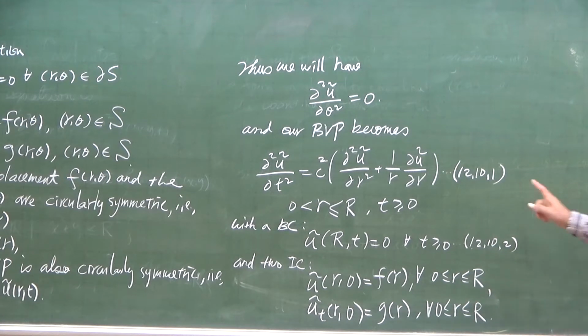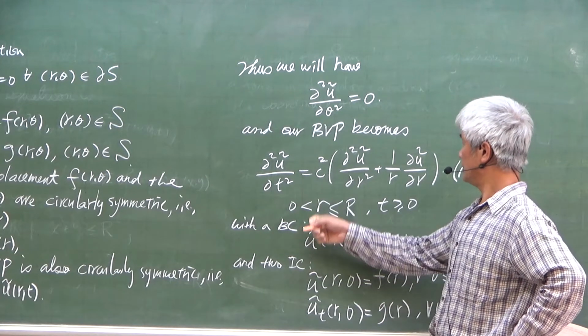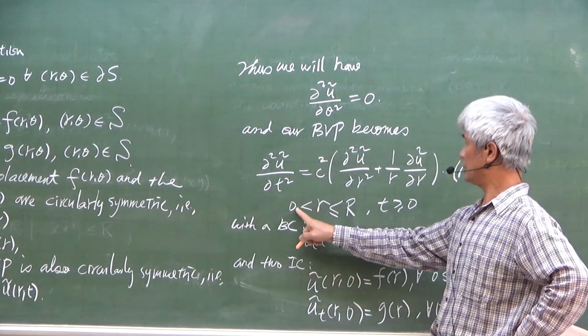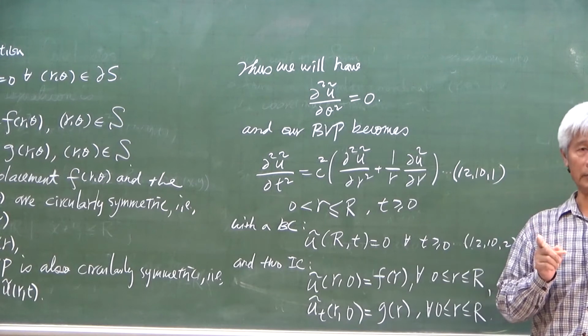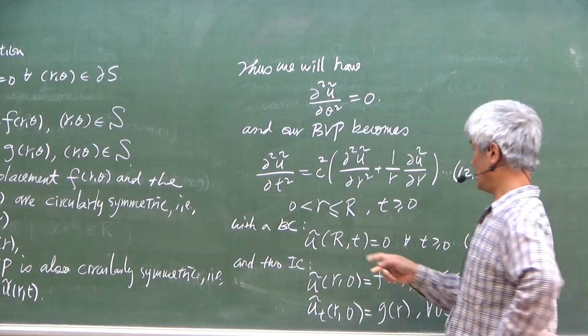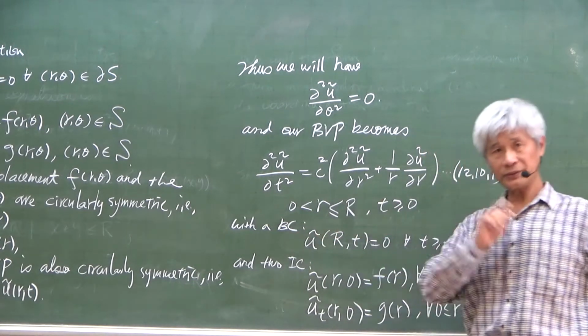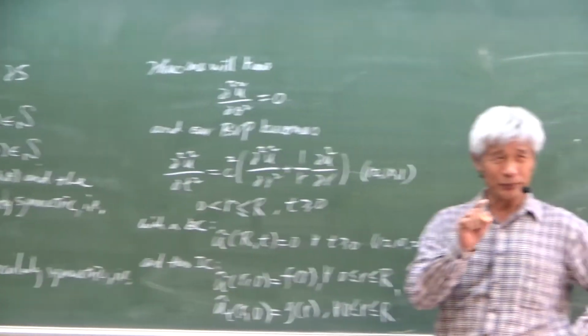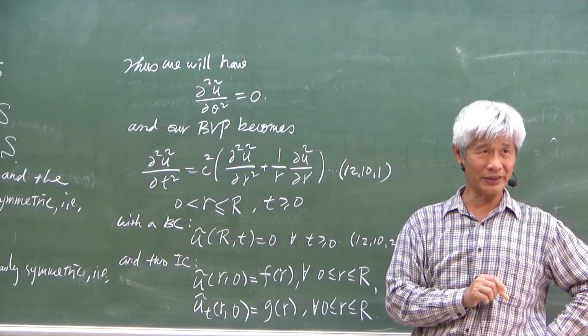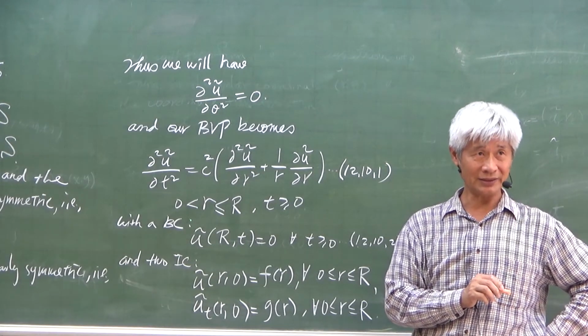So we have, and actually you will see that the little r has another endpoint, 0, right? So we should have another boundary condition implicitly. What is that implicit boundary condition?